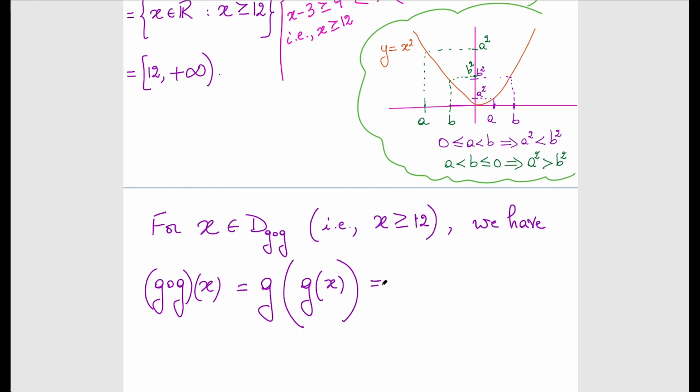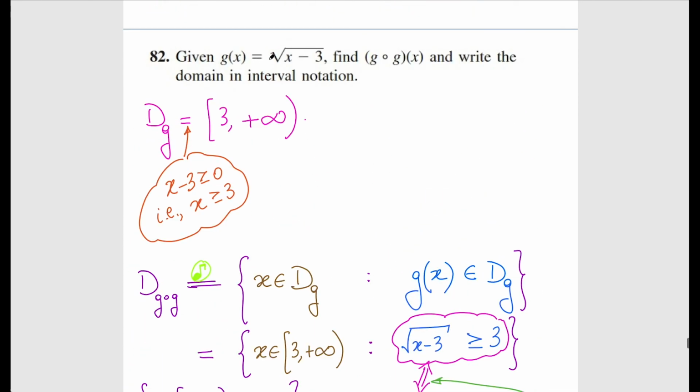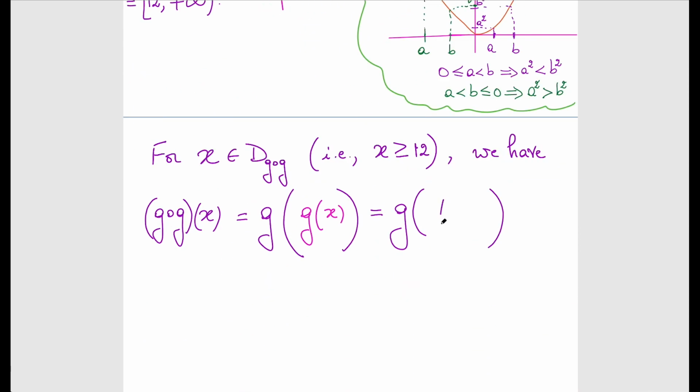Okay, so what's g of x? Let's color this in a different color here. Let's use pink. So what's g of x? G of x was square root of x minus 3, right? G of x is square root of x minus 3. Let's keep it in pink. So square root of x minus 3.